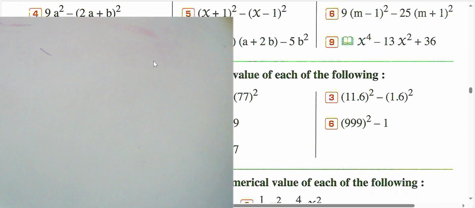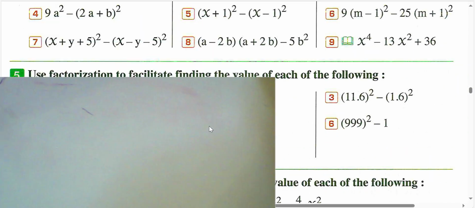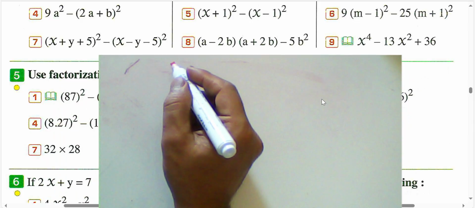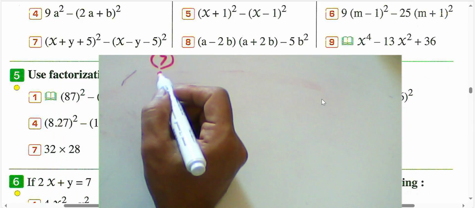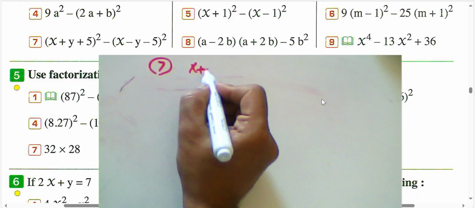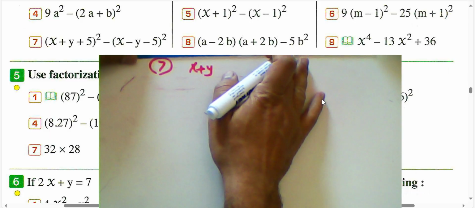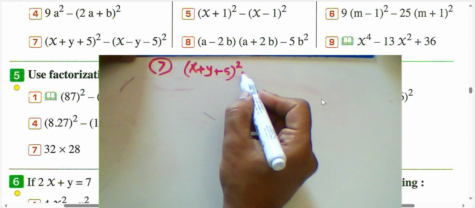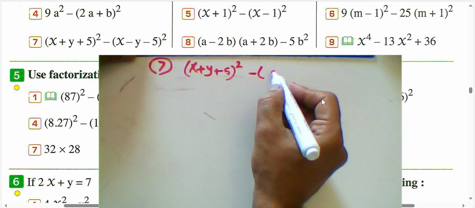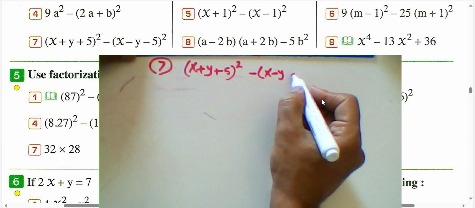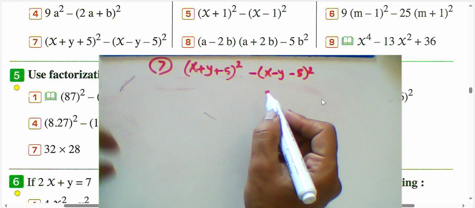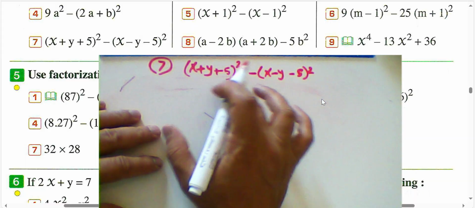Look at with me. Question number 7. x plus y plus 5 all power 2 subtract by x minus y minus 5 all power 2. We have the difference between two powers.